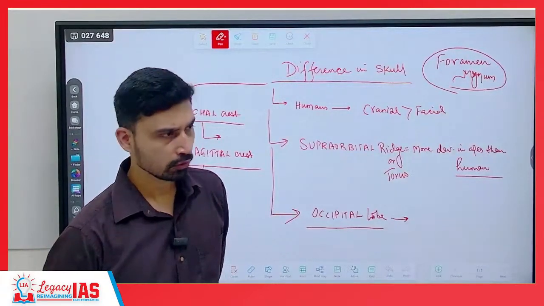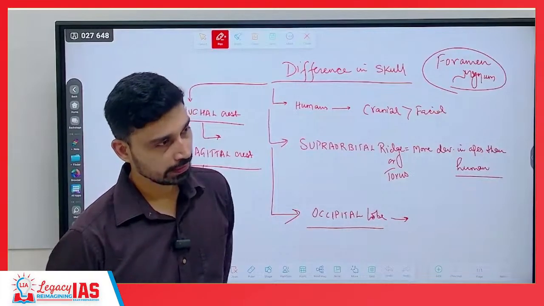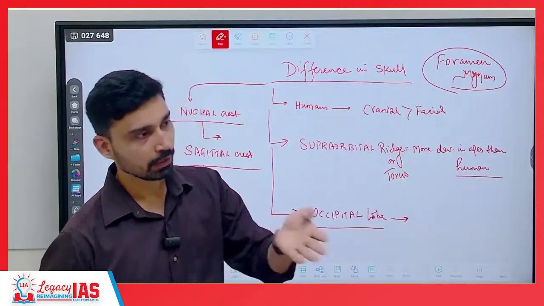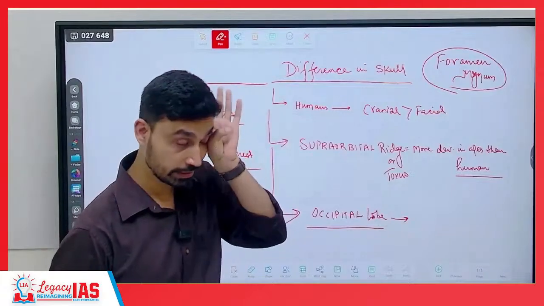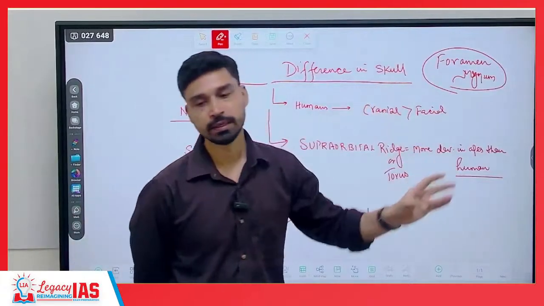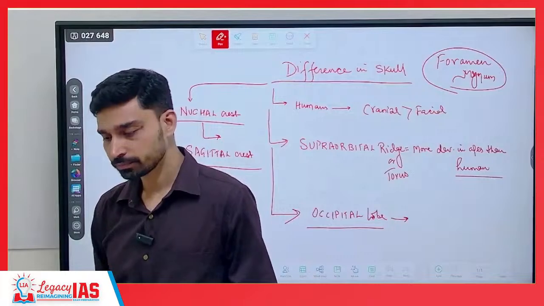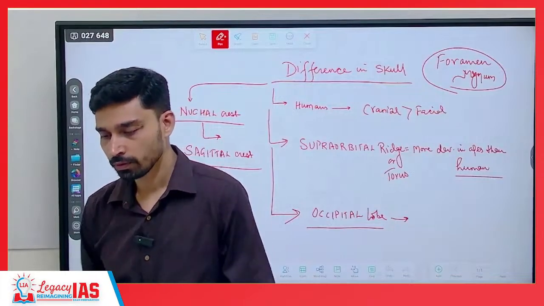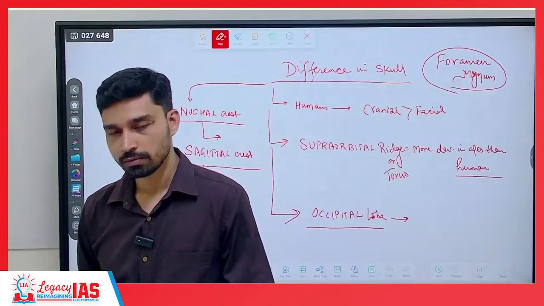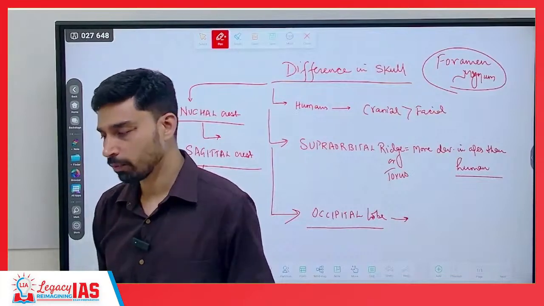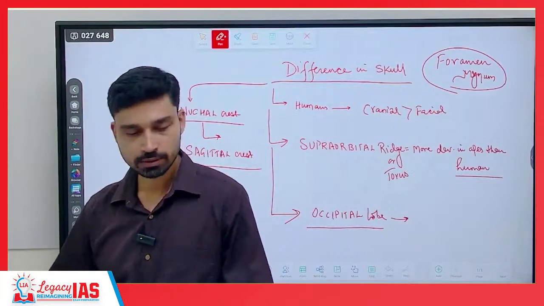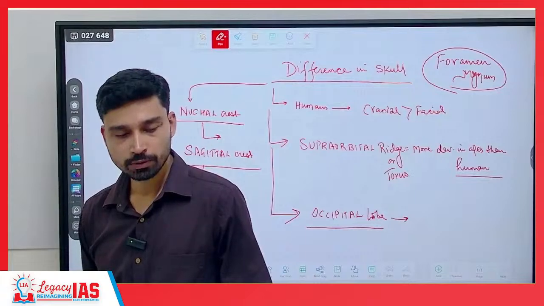Okay, we have discussed that also before. In apes, it is placed backward, or anterior placement, because they are quadrupedal.